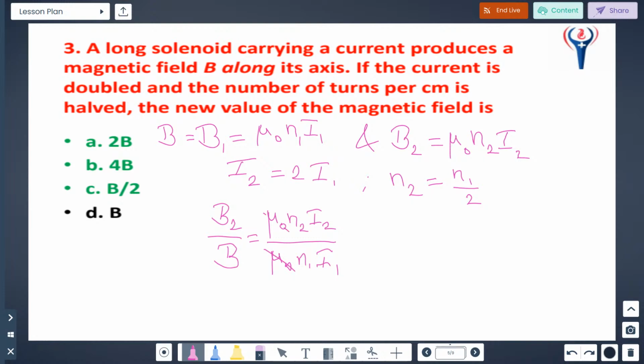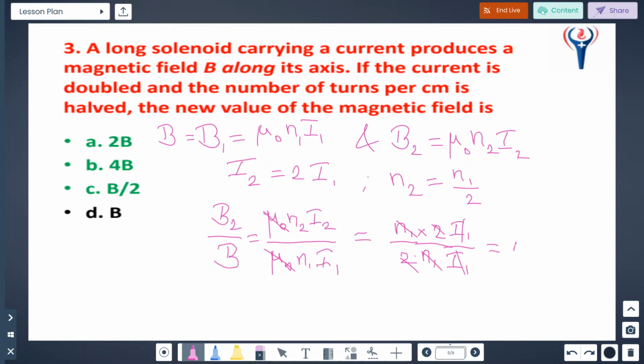Substitute the value of N2 equal to N1 by 2 and I2 equal to 2 I1. Then N1 by 2 into N1 into I2 is 2 I1, 2 I1 by I1. N1 getting cancelled, I1 getting cancelled, 2 also getting cancelled, then we will get only 1.